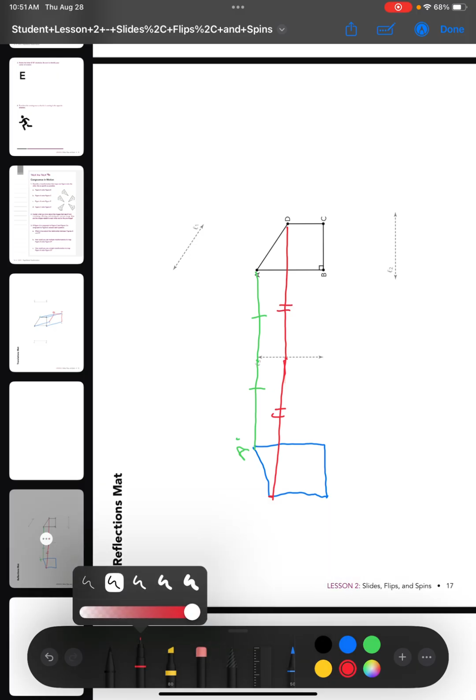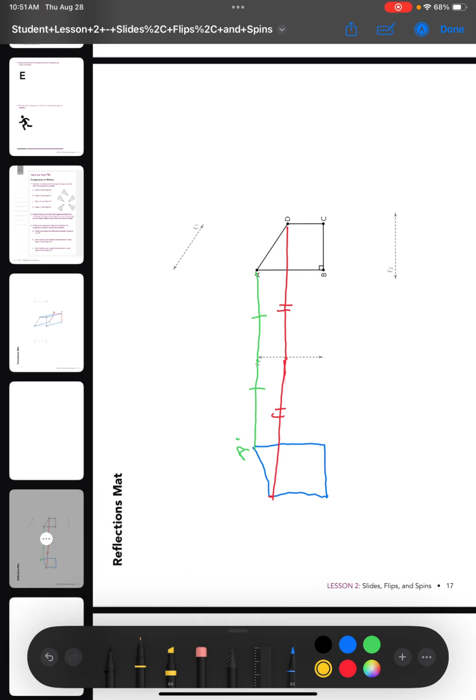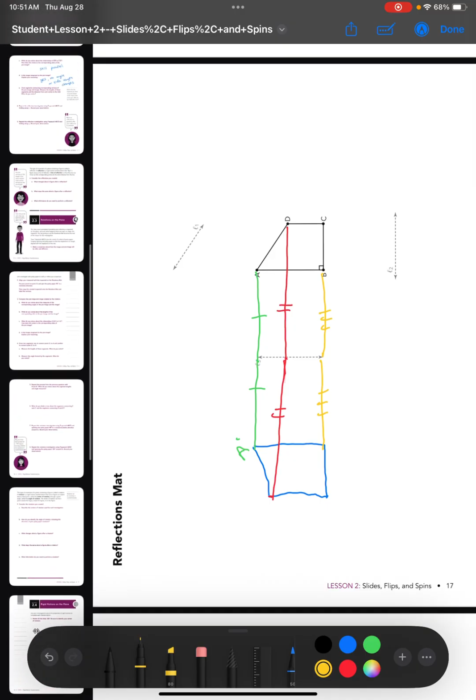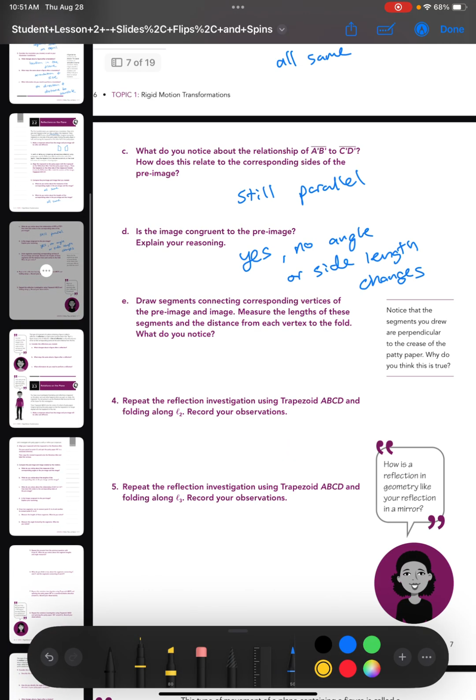Okay, so key being, I'll draw one more. We'll go B to B, B to B here. So the distance from the line of reflection for each vertice is the same from the pre-image to the new image. So that's our key here. We'll go fill that in.